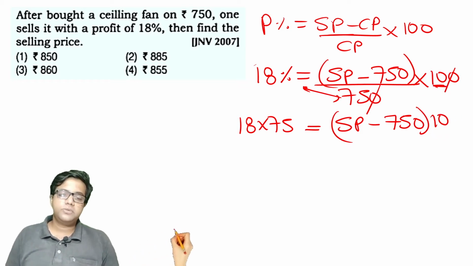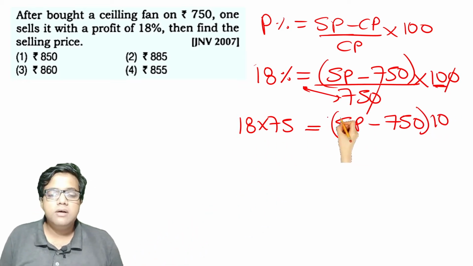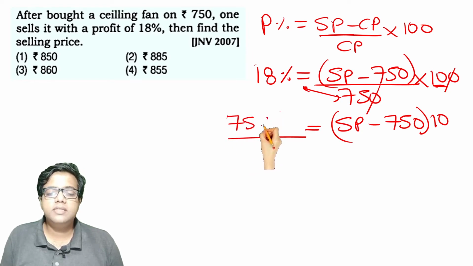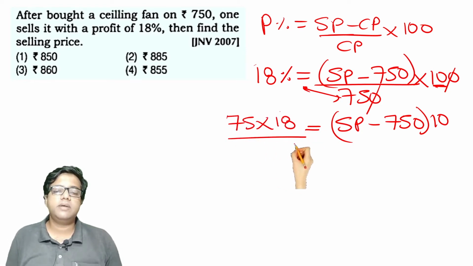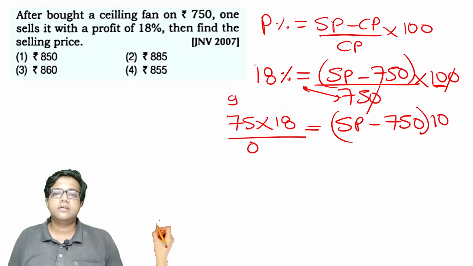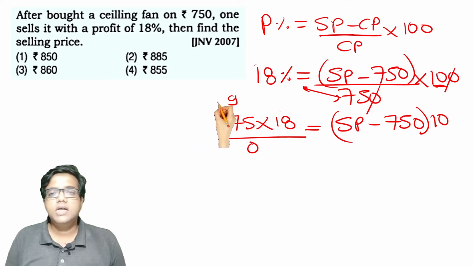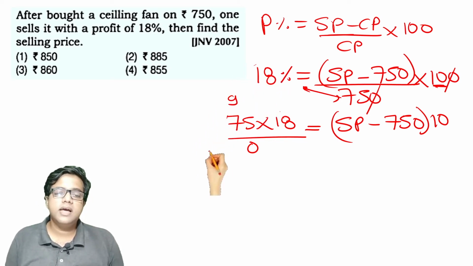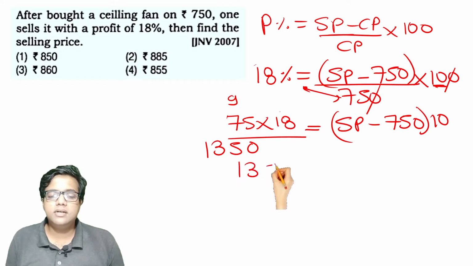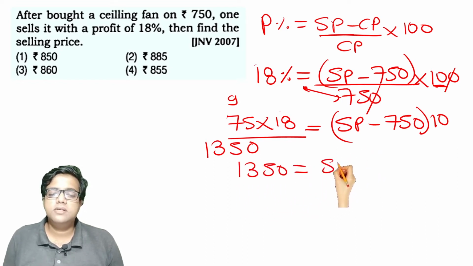Now multiply 75 with 18. 18 5s are 90, 9 goes as a carryover, right? 18 7s are 126, 126 plus 9 is 135. So 1350 is equal to selling price.